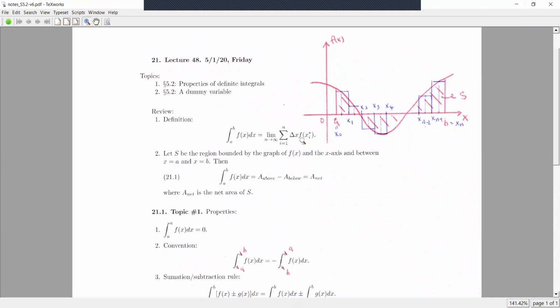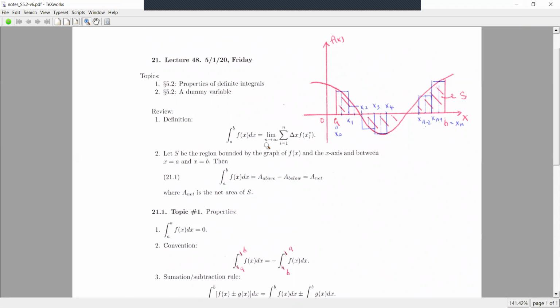Delta x times function value at xi star is the area of the ith rectangle. The sum of areas of rectangles roughly is the net area of the region S here.